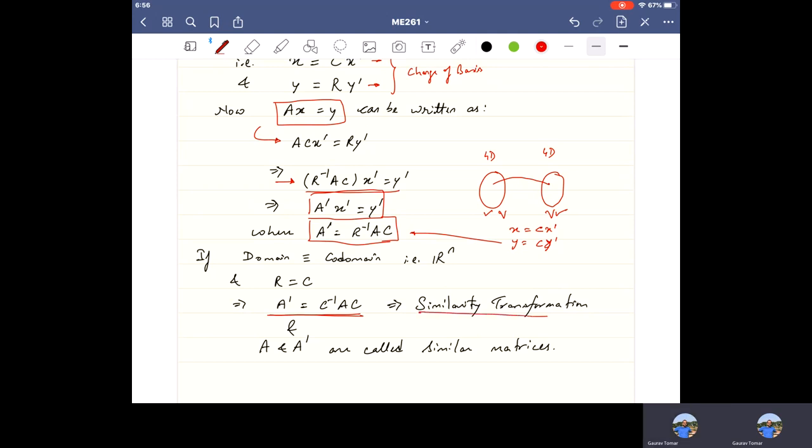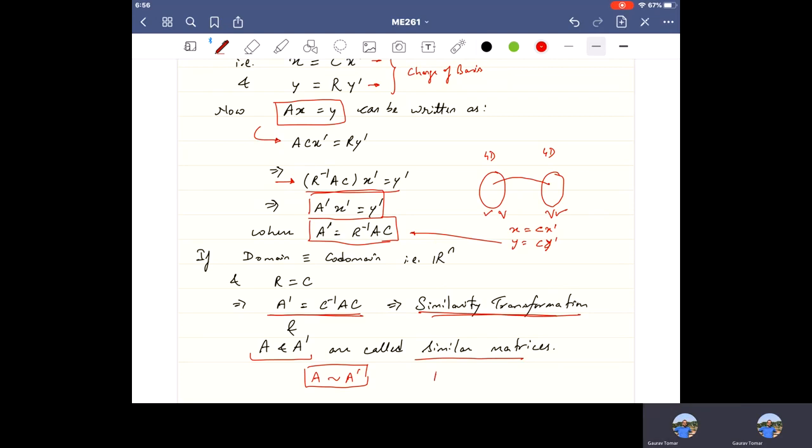That is called a similarity transformation. The matrices A and A prime that you get are called similar matrices, and you represent them as A is similar to A prime. This is the symbol used to denote the similarity transformation or similar matrices.